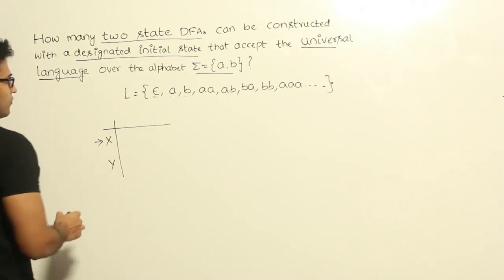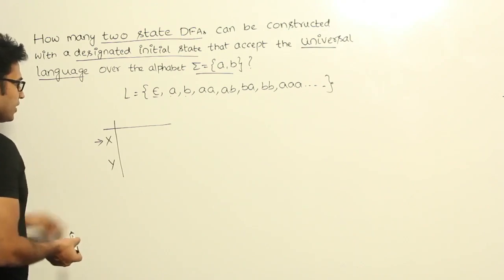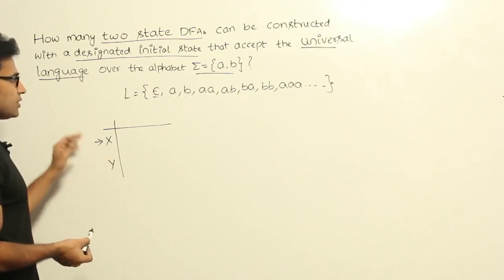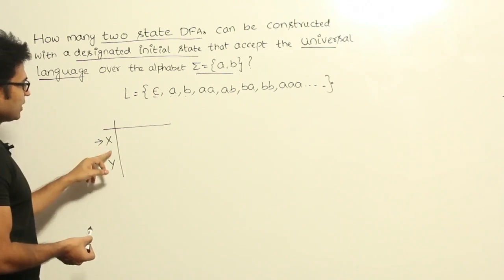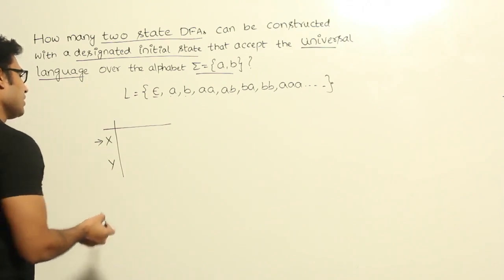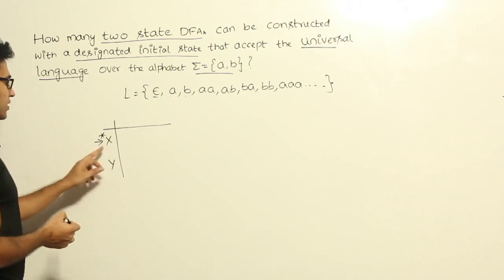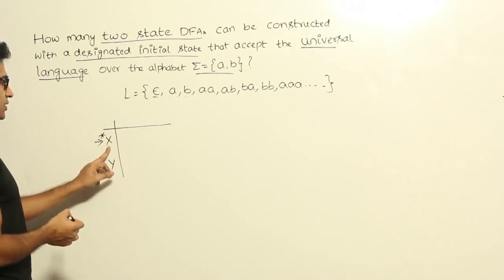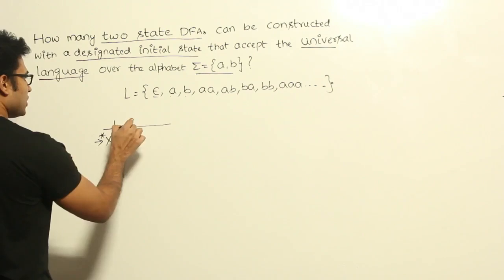Now if epsilon has to be present in the language accepted by a DFA, then in the DFA for that language the initial state should always be a final state. That is why, if x is the initial state, then it is supposed to be a final state as well, right? And only 2 states are given.